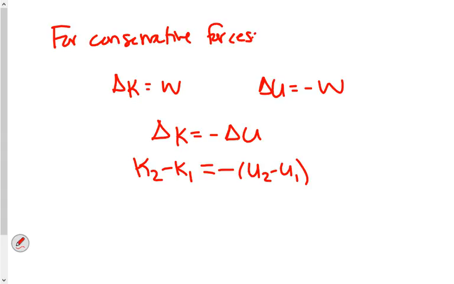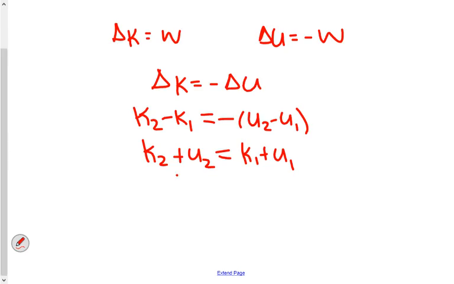And then if I put all the 2's on one side and all the 1's on the other, I've got K2 plus U2 is going to be equal to K1 plus U1, or my mechanical energy at one position is equal to the mechanical energy in the other position.